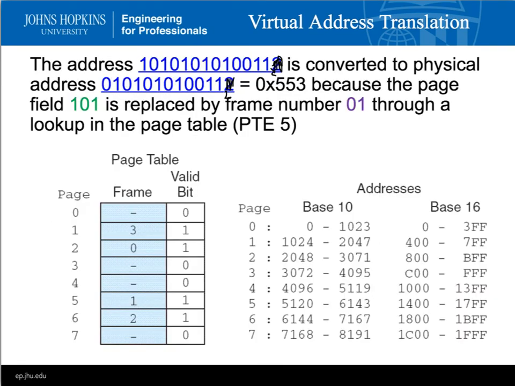So if we have this 13-bit virtual address, the page field would be 101, which is 5. We go here and find out that it is valid. It is in main physical memory, at frame 1. So to get the physical address, we replace this 101 with a 01.